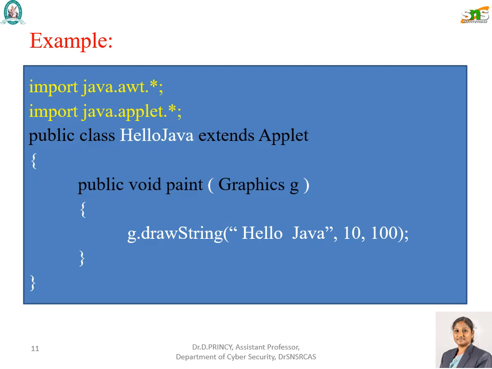Then we have to include any graphics method. Here I mentioned the g.drawString method, which is used to display a string at a specified location. The string is Hello Java and the location is x value 100 and y value 100.